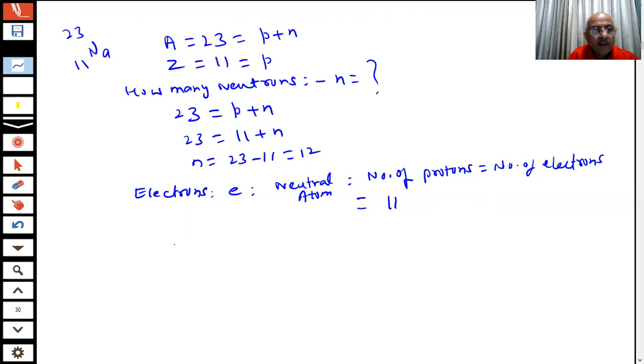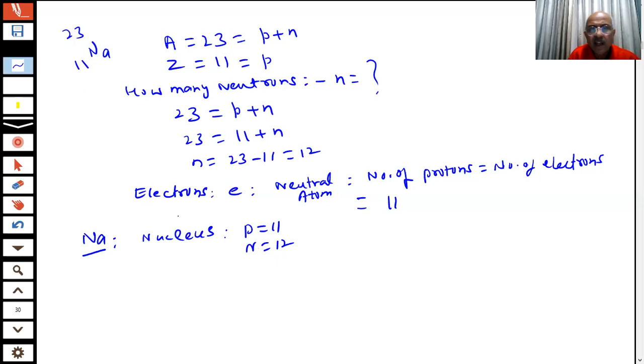In the case of sodium, the nucleus contains 11 protons and 12 neutrons. Outside the nucleus, you have 11 electrons.